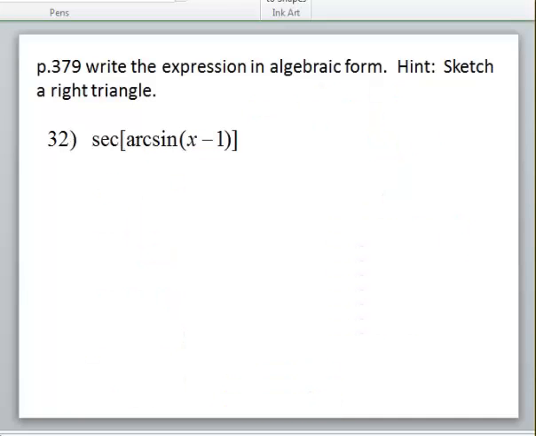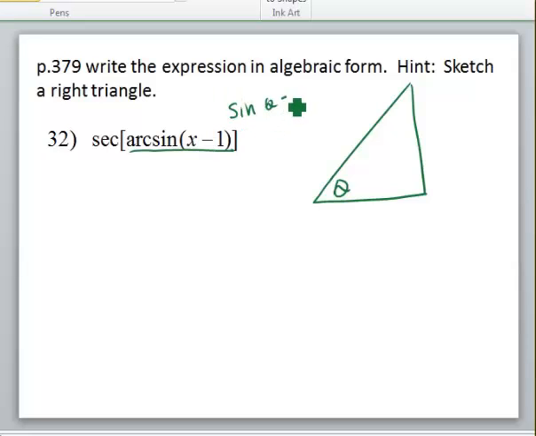Going on, we're going to do another one of those. So I've got a triangle. Here's my theta. This time I'm working with arc sine of x minus 1. So where is the sine of theta equal to x minus 1? That would be opposite over hypotenuse.